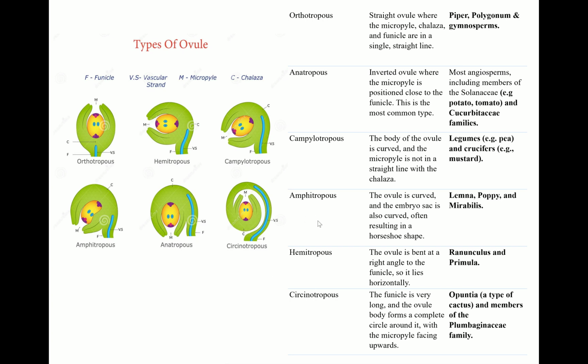What is the example for this? It includes Opuntia. You know that it belongs to the family Cactaceae, and it is a kind of cactus. Other examples include the Plumbaginaceae members. All these have the circinotropous kind of ovule.